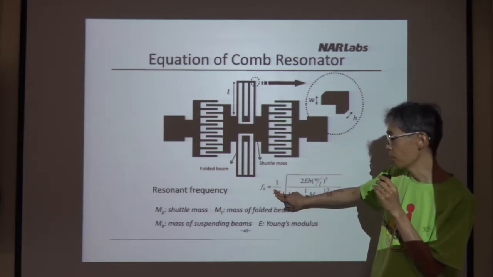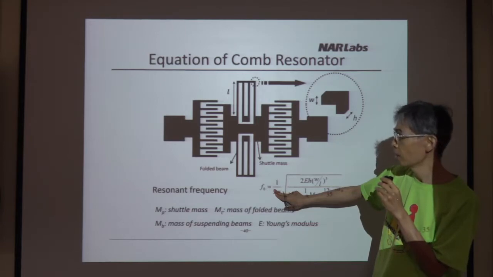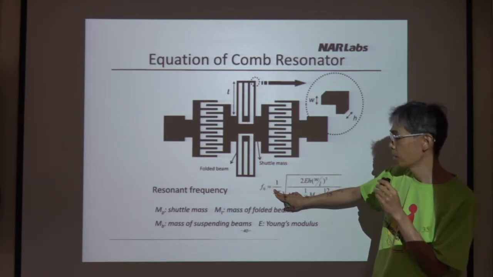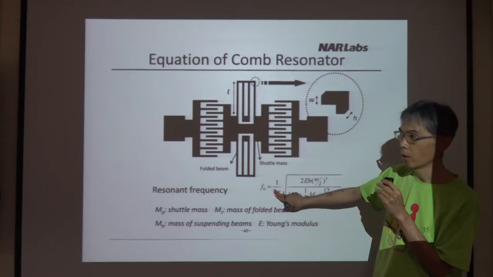What's the unit for F0 without 2 pi? Radian. And omega, the unit of omega is radian over what? Radian per second.